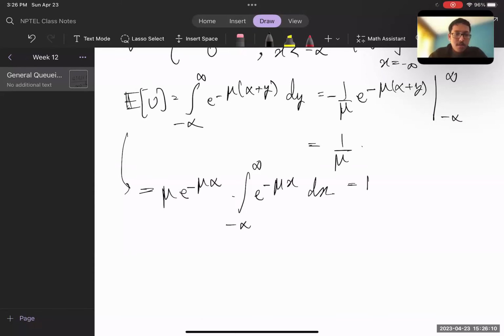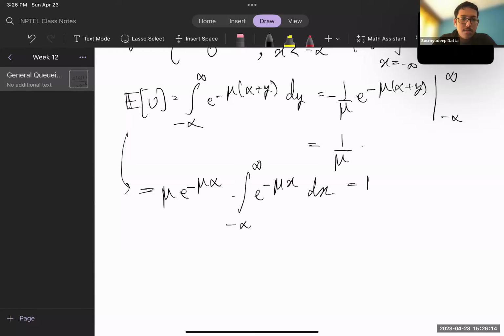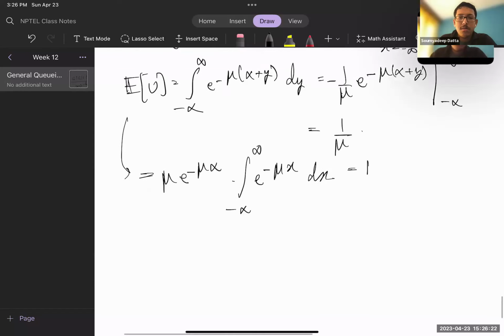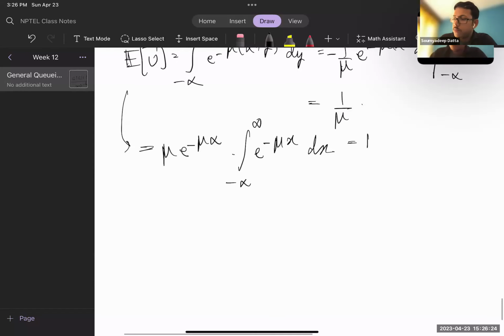Now, another related question is, let's say we take the value of alpha equal to something like 3, and mu equal to something like half.